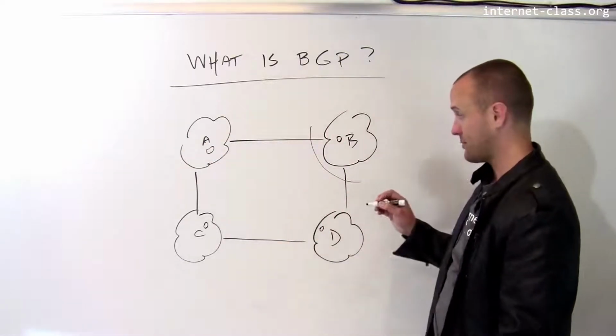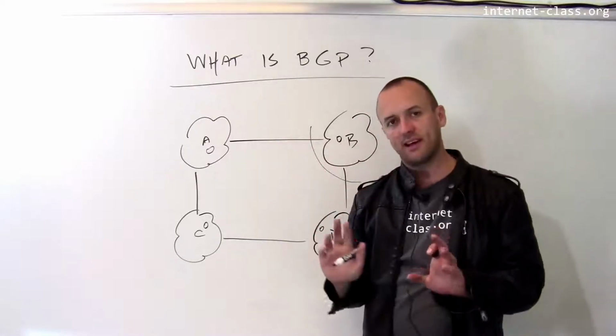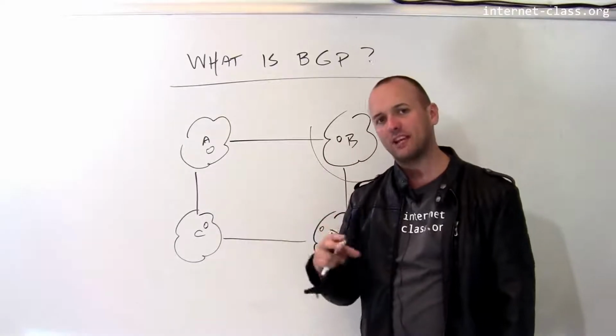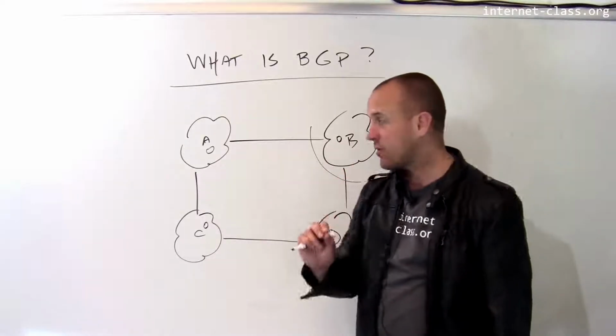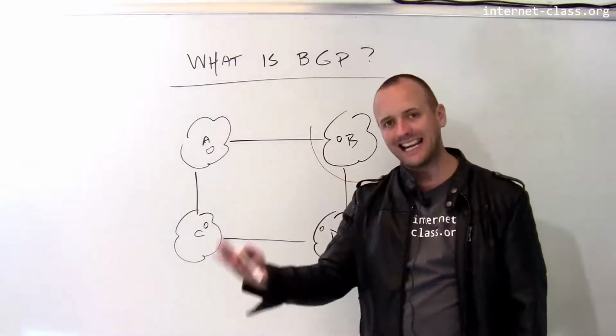So let's walk through an example. The way the Border Gateway Protocol works is that the routers inside these autonomous systems periodically exchange information with each other that represents the different autonomous systems they have direct connections to.